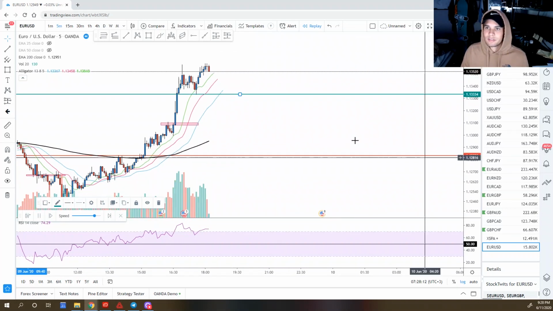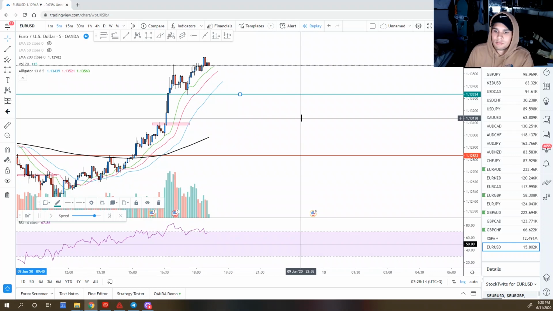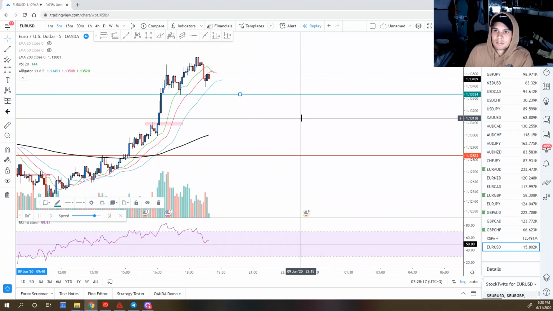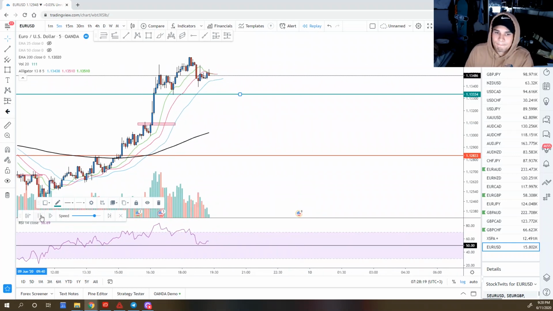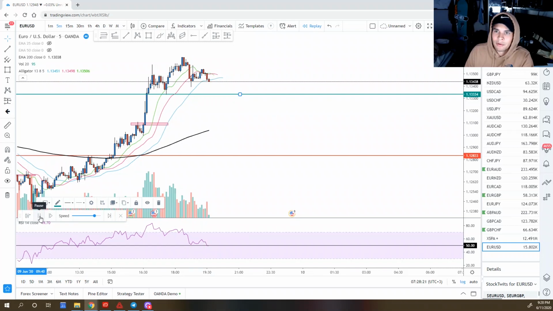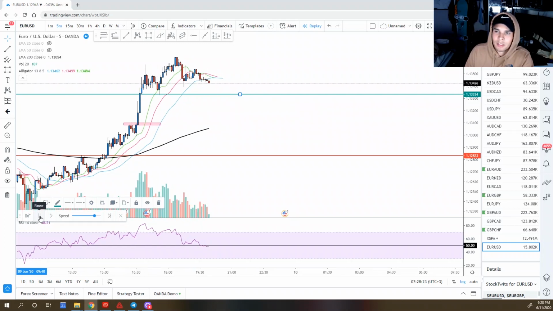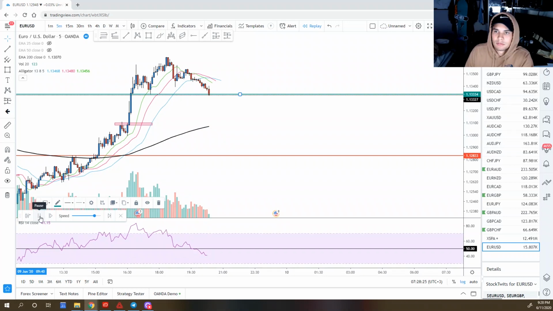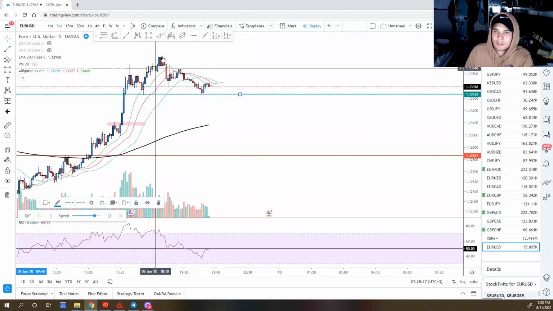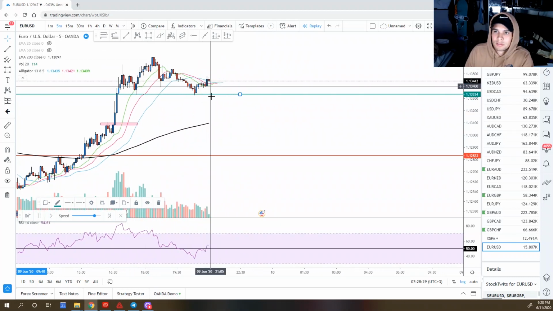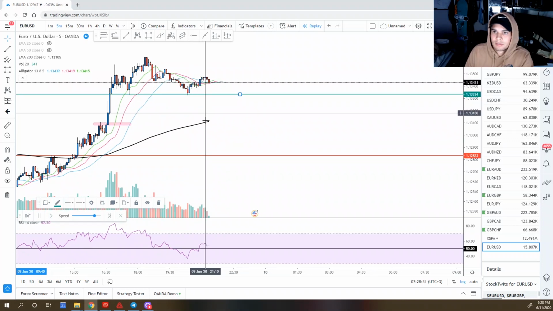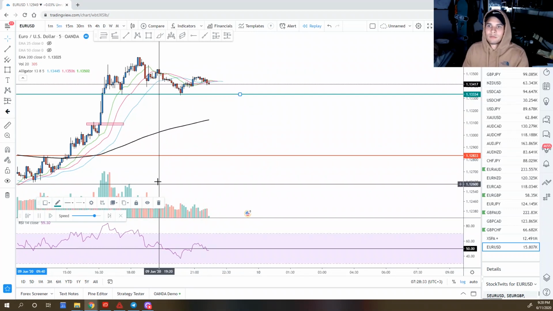I just kind of want to see where this goes. Still growing. That's crazy. Oh, now we're getting a head and shoulders, and we're probably going to come back down. See right there, shoulder, head, shoulder, consolidating. Yeah, so now we're not moving much.